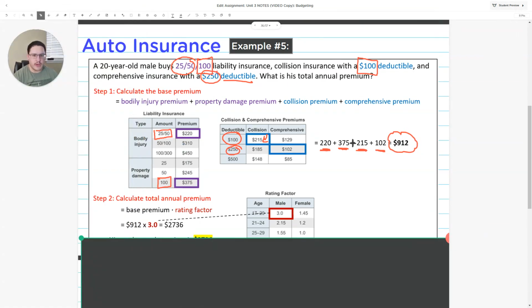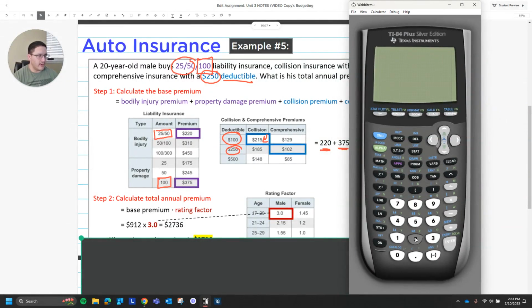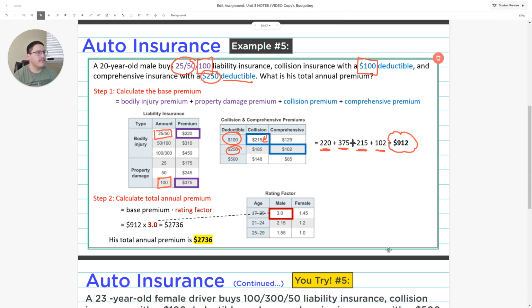So 912 times 3, and we have $2,736 for our total annual premium. That's how much insurance is going to cost for this 20-year-old male that buys these certain types of coverages. And that's it for your final answer.